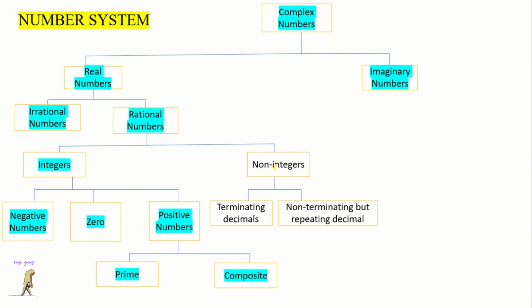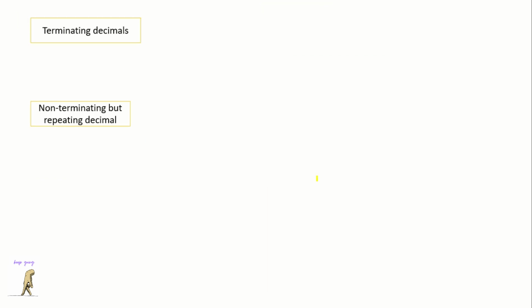Let's dig deeper into non-integers. Non-integers can be classified as terminating decimals or non-terminating but repeating decimals. What are terminating decimals? From the word itself, terminate, it can be terminated already. What does it mean?